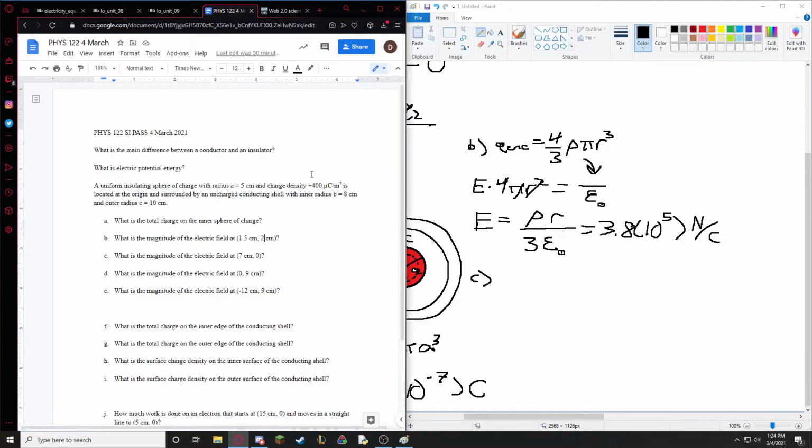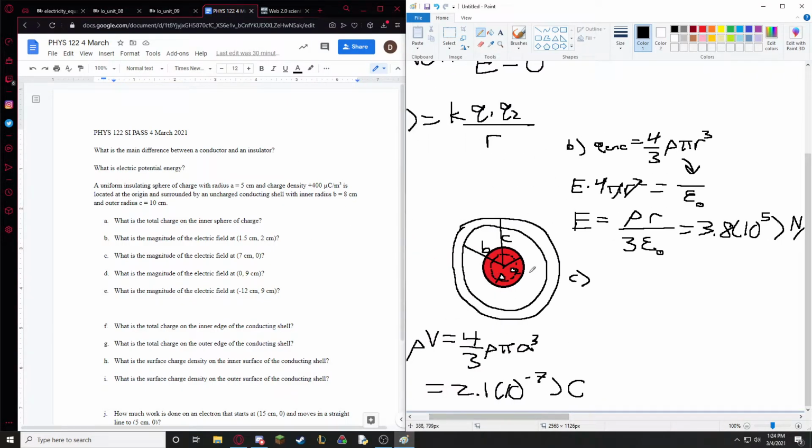So now, part C, we found our electric field inside our sphere of charge. Now we want to find it at a radius of 7 centimeters, which is obviously between our sphere of charge and our conducting shell. So it's somewhere right here. We're going to once again draw a Gaussian surface. What's our total enclosed charge?